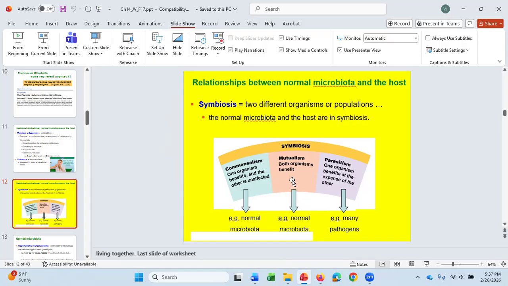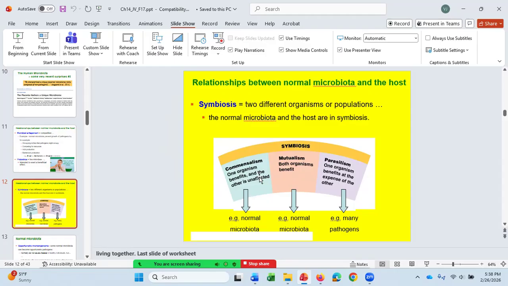Like for cows, for example, the normal microbes digest the grass and then make sugar available to the cow. So that benefits the cow and then benefits the normal microbiota. For humans, we have a normal microbiota that makes vitamin K, which benefits us because we do need the vitamin K. We can't make it ourselves. And then the microbe benefits because it gets a home and it gets food from us. Any questions about a symbiotic relationship, mutualistic or parasitic?